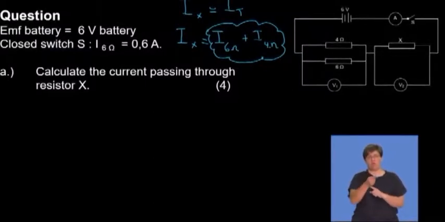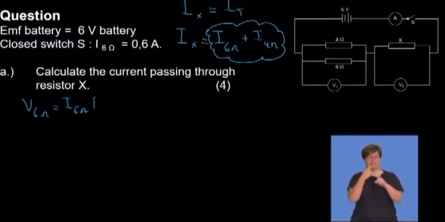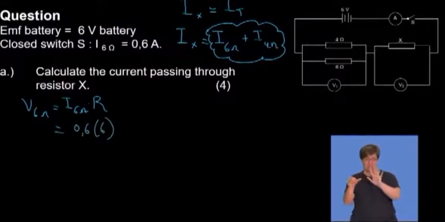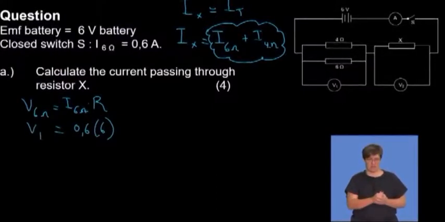So we can find the voltage for 6 ohms, which is equal to the voltage across the 4 ohms. V across 6 ohms is equal to the current through 6 ohms multiplied by the resistance. So the current for 6 ohms is 0.6 multiplied by 6. This will give us V1, which is actually V parallel.